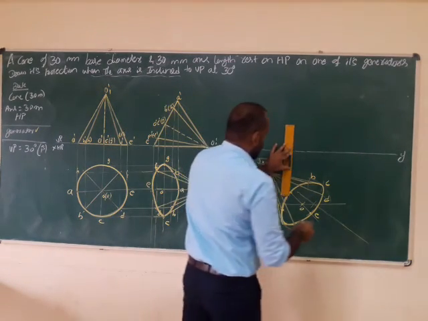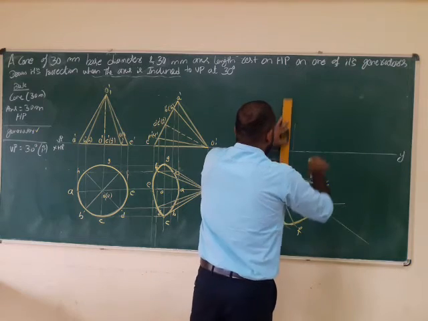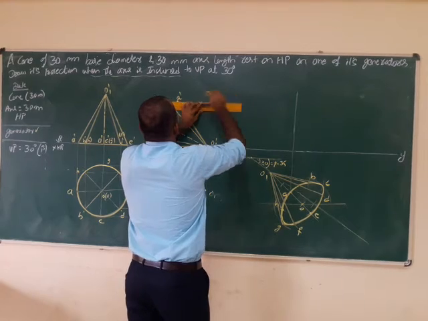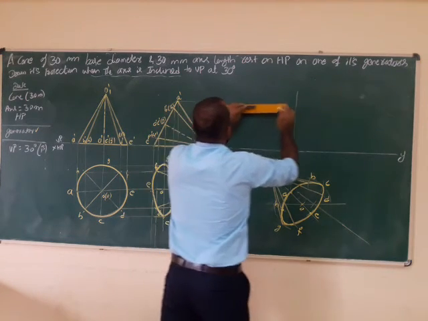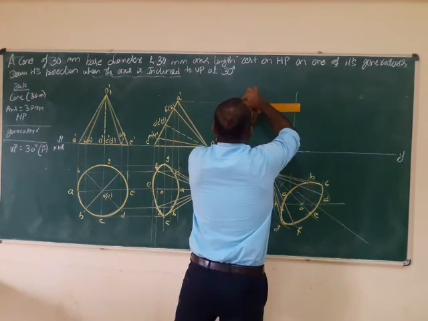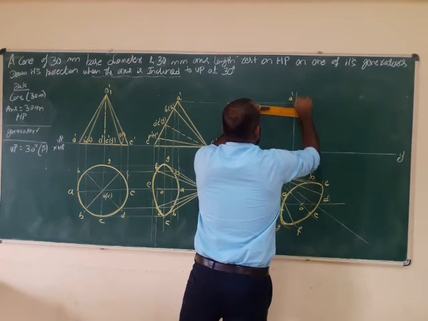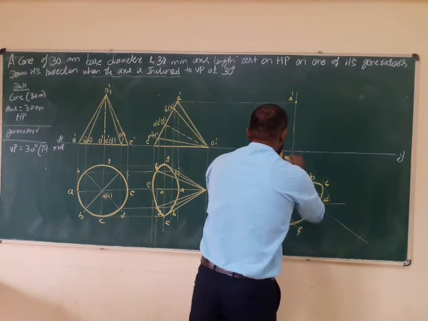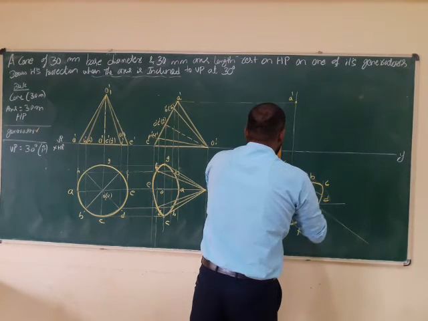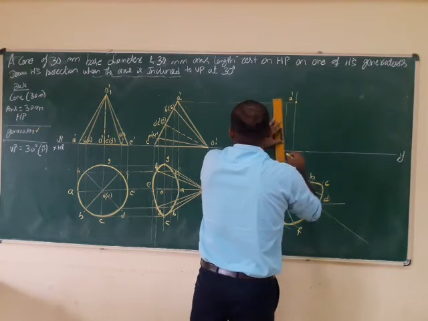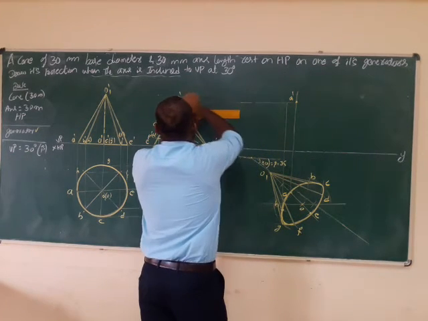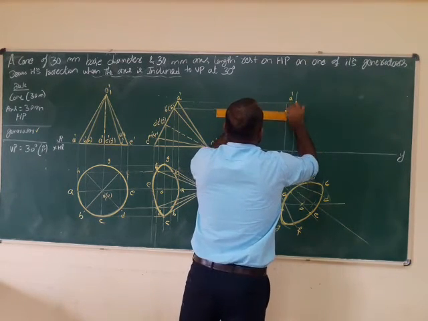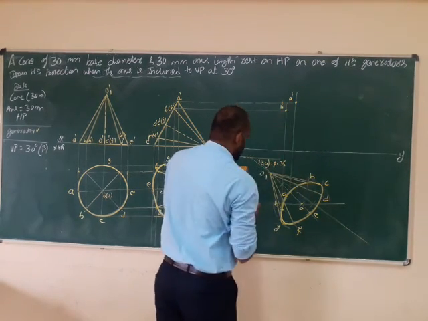Now you have to project A line, the point is called A dash. Next, H line, second line is called H dash.